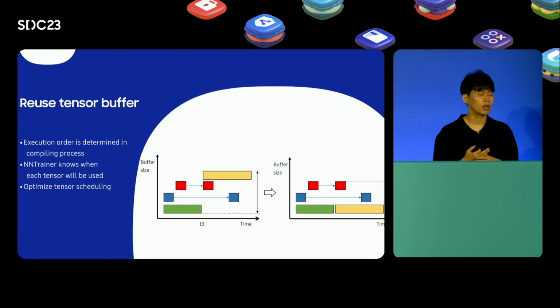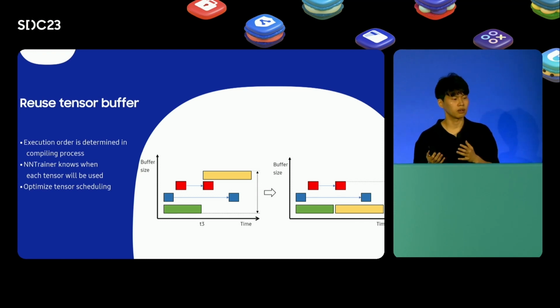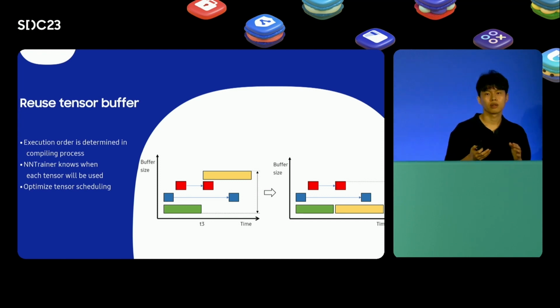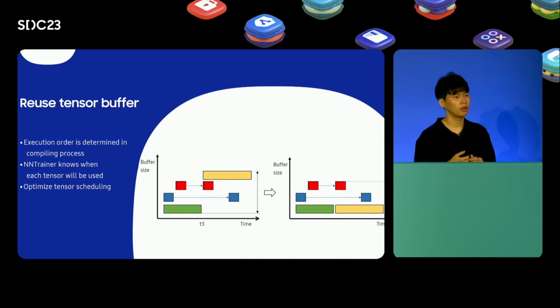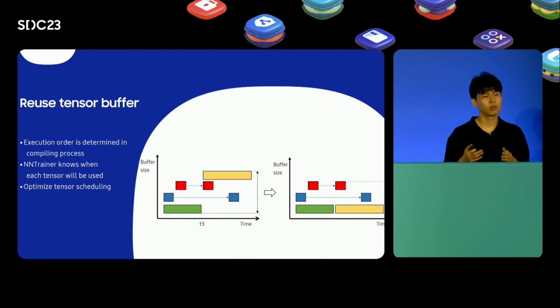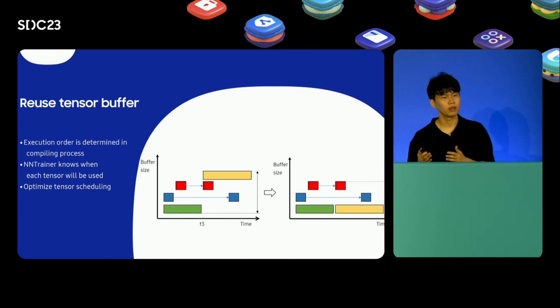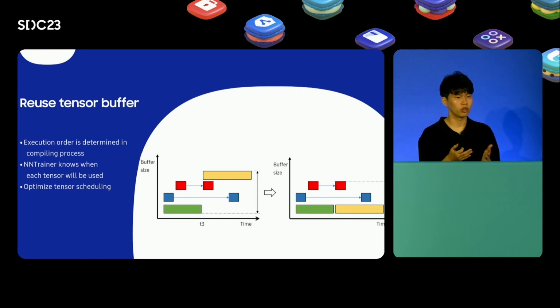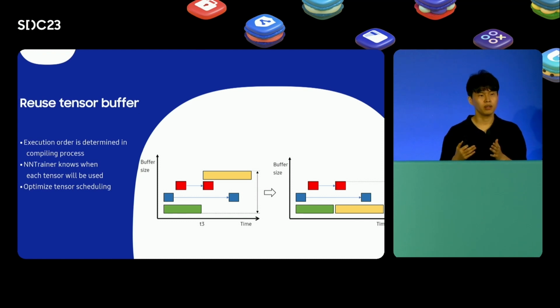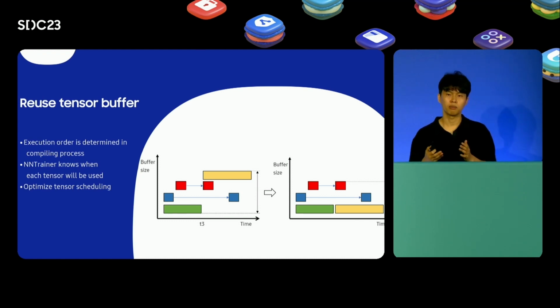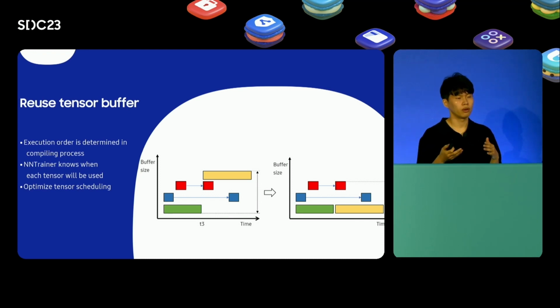Then let's see how we can reduce the peak memory consumption. NNTrainer first compiles the graph before it trains the models. With this process, NNTrainer knows when each tensor will be used and reschedules when it is to be used. Without this information, NNTrainer would have to allocate the buffer for every tensor all the time, as most other frameworks do.